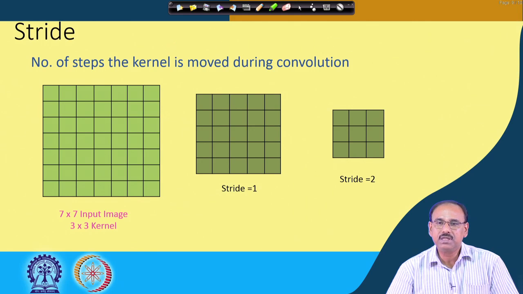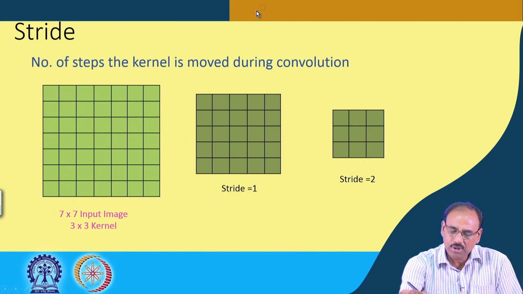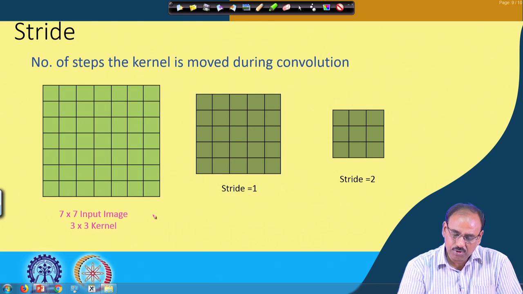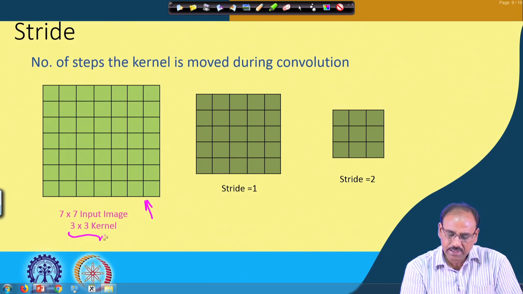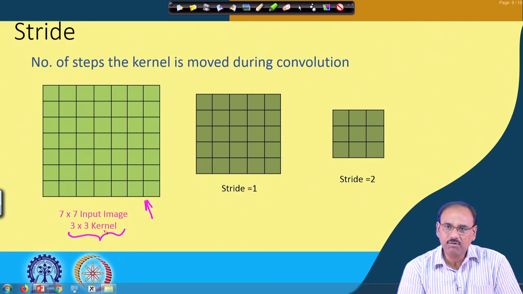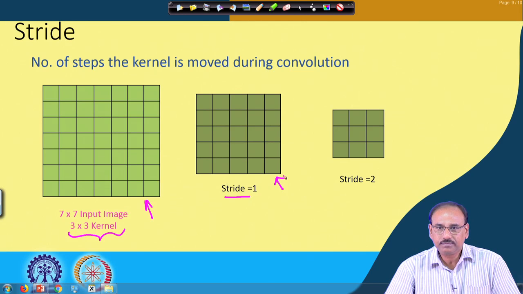Similarly, if my shift is by 2 pixels in the horizontal direction as well as in the vertical direction, the stride is actually 2. So, if you increase the stride, that effectively reduces the size of the feature map. Here you find that for a given input image of size 7 by 7 and a 3 by 3 kernel, if I do the convolution with stride equal to 1, my output image will be of size 5 by 5.